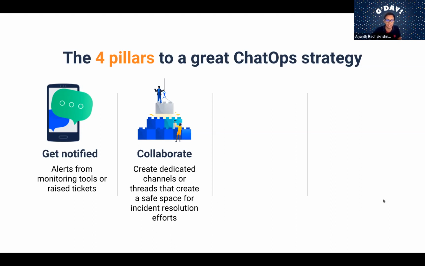This could be a Slack channel, could be a Teams meeting, it could be a Zoom meeting, right? Or creating these dedicated channels where your team can come together, figure out what's going wrong, have hypotheses, conduct investigations, coordinate the actual mitigation effort without prying eyes. I think that's super critical when it comes to implementing a robust ChatOps strategy.